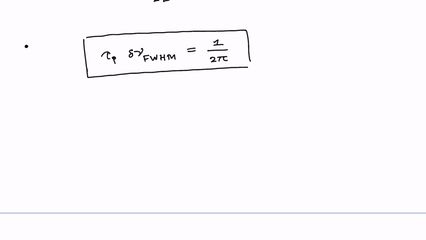That means the photon can survive inside the cavity for a longer amount of time. So that's the importance of this cavity uncertainty relation.